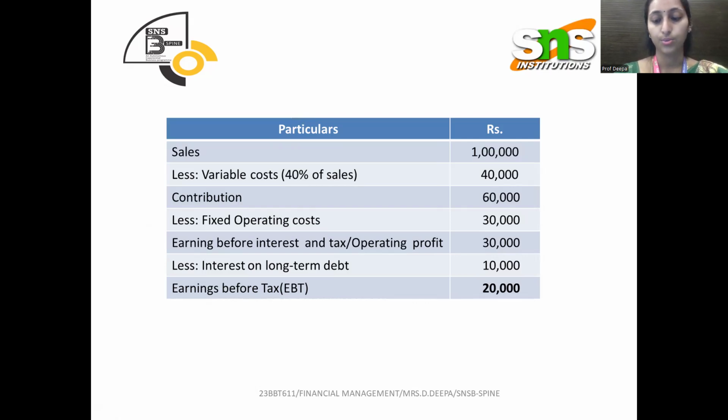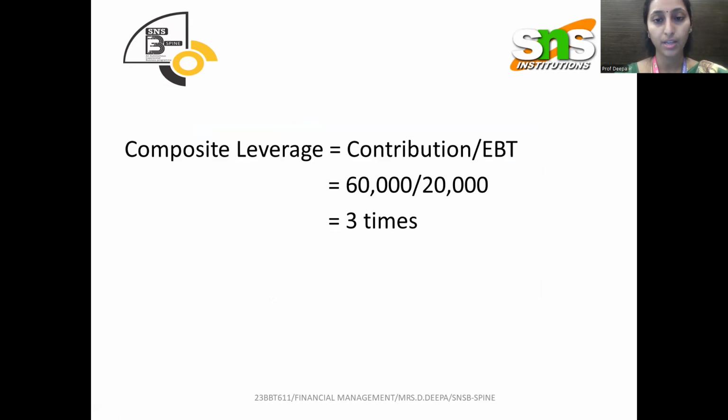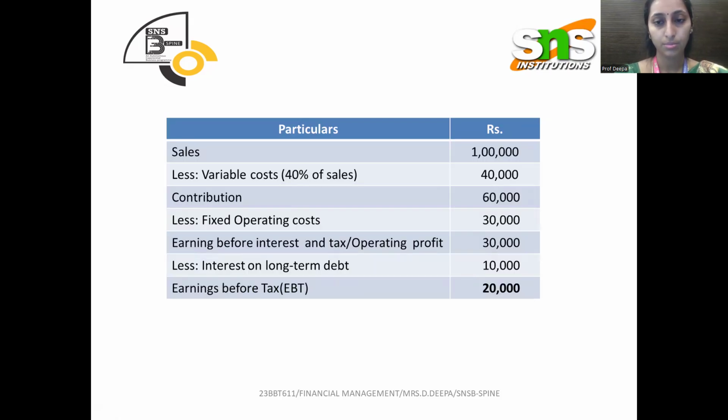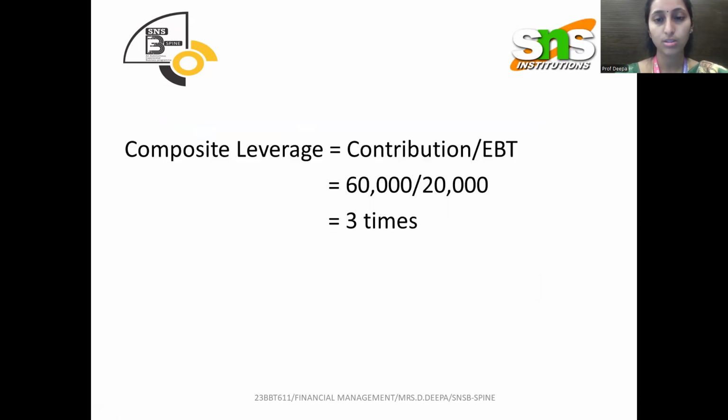Okay, so from sales till EBT, we got the values. Now, what is the formula for composite or combined leverage? It is the combination of both operating and financial leverage, and its formula is contribution divided by EBT.